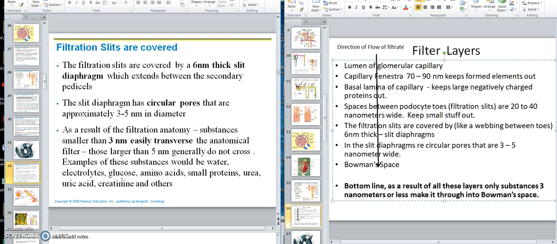What should be held back? All the cells, formed elements, and the proteins, particularly the large and medium-sized proteins. Other stuff can essentially go through the filter. So now with that in mind, let's look at what are the layers of the filter.